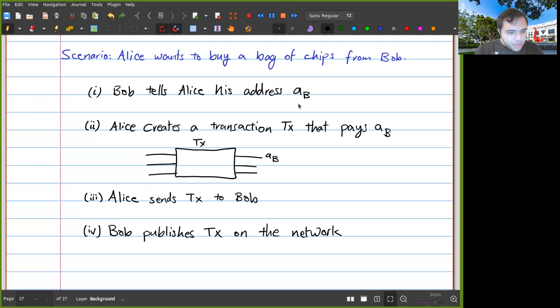So there is a question here, why does Alice need to send a transaction to Bob and not just publish on the network? It doesn't matter. Alice can also publish it on the network. So in steps 3 and 4, what I care about is that the transaction gets published on the network and also Bob knows which transaction this is. So you can do it in any order you like. But let's say we do it in this particular order because it makes things easier to speak about.